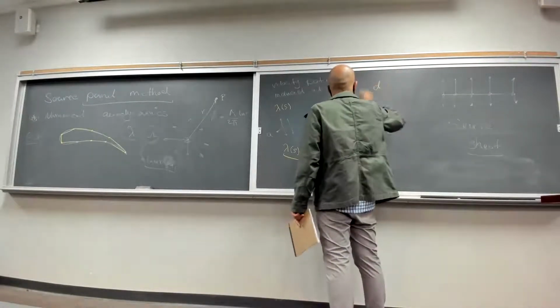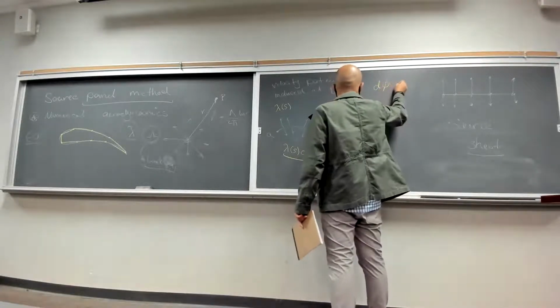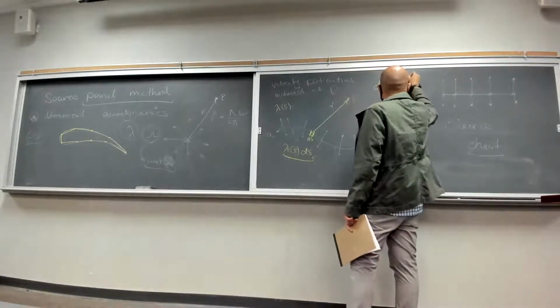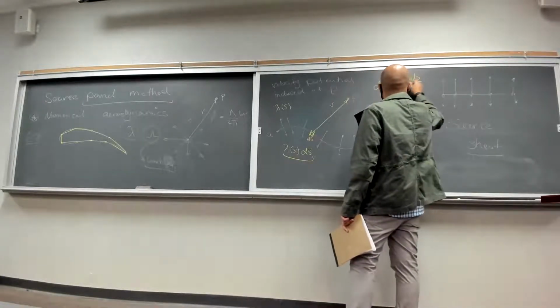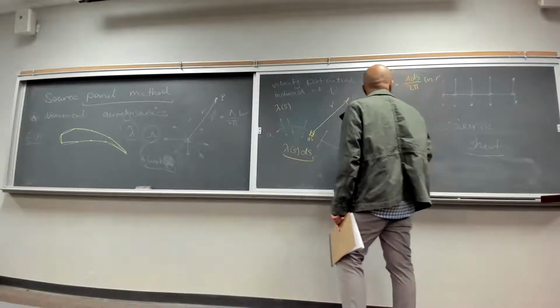So we are going to call that velocity potential d of phi, and it is going to be equal to lambda ds divided by 2 pi natural log of r.